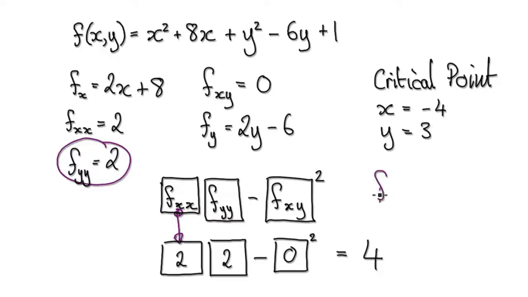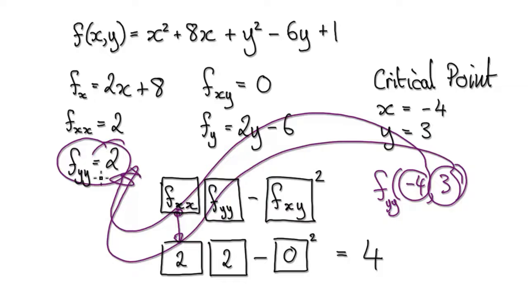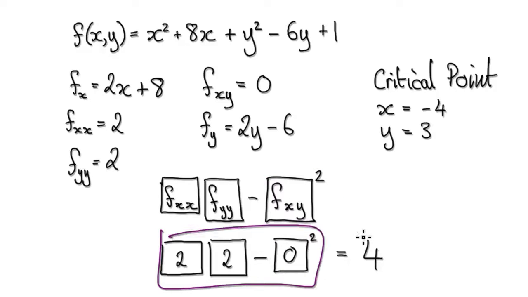Remember, we need to evaluate it at -4, 3. So we would put this into the x, but there's no x. We would put this into the y, but there's no y. It's just simply 2. And then we would look at this, which is here. It's always going to be 0, so let's just put 0 in there. And then squared it would be 0. Overall, this whole thing here equals 4.